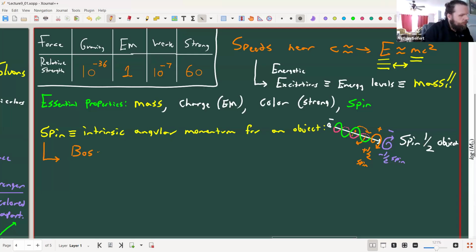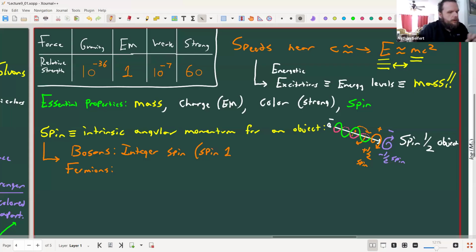And we correlate them with what are called bosons and fermions. Bosons have integer spin. So they can be spin 1. The photon is spin 1.